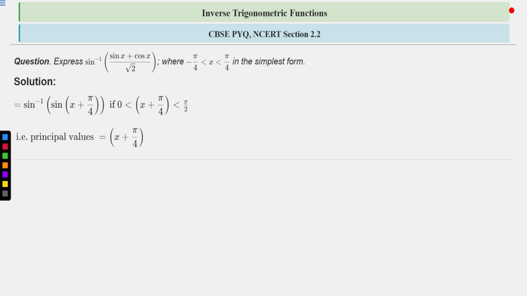And we know that sine inverse sine theta is basically theta, right? Therefore, the value of the given expression will be x plus pi by 4, which lies inside the principal value, as x plus pi by 4 is lying between 0 to pi by 2, which is a subset of minus pi by 2 to pi by 2. Clear? Therefore, the correct answer will be x plus pi by 4, right?